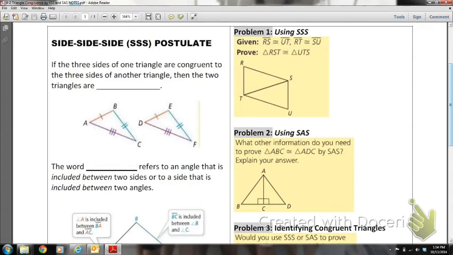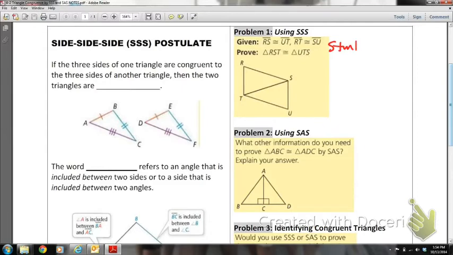In the first problem, we are supposed to write a proof to prove that triangle RST is congruent to triangle UTS. These triangle congruence theorems are some of the most straightforward proofs that you will be writing. So these are usually very straightforward. So if we look here at what's given, we'll write a two-column proof.